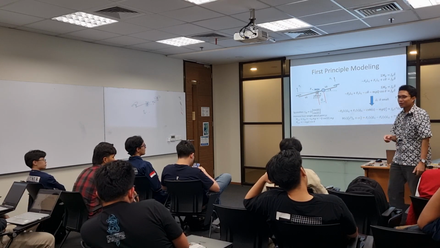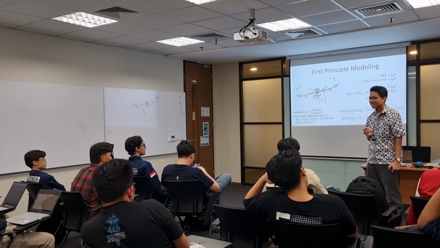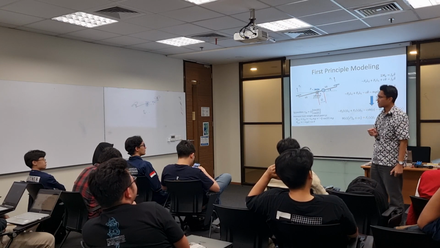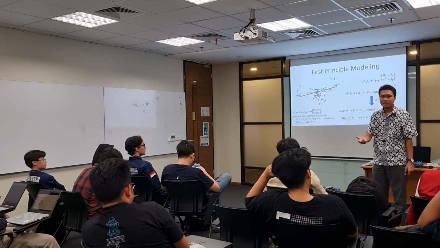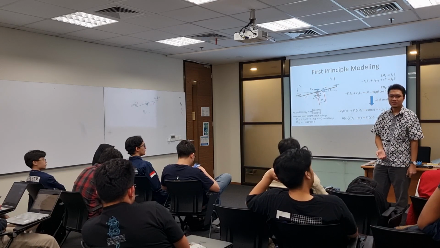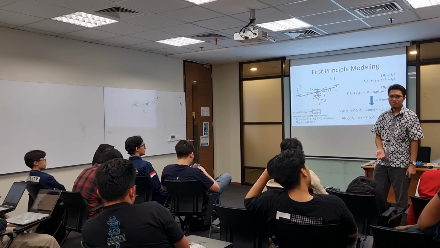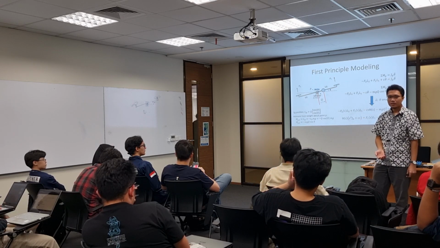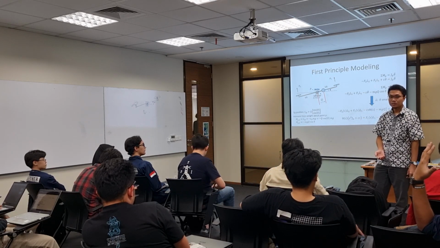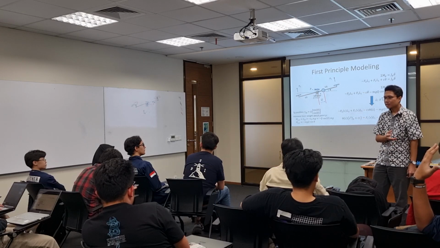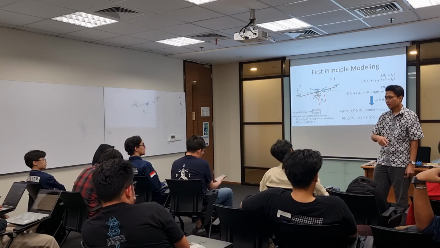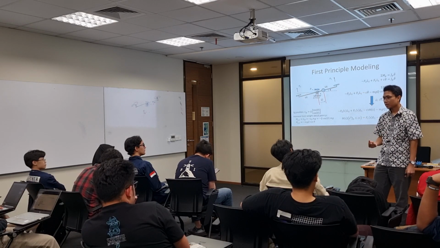Why do you have to control it independently? Do we assume the thrust to be linear? What do you mean? Propeller thrust is dependent on the speed, but it's not really linear. That's one of the difficulties of the modeling. The thrust itself is not linear to the rotational speed.